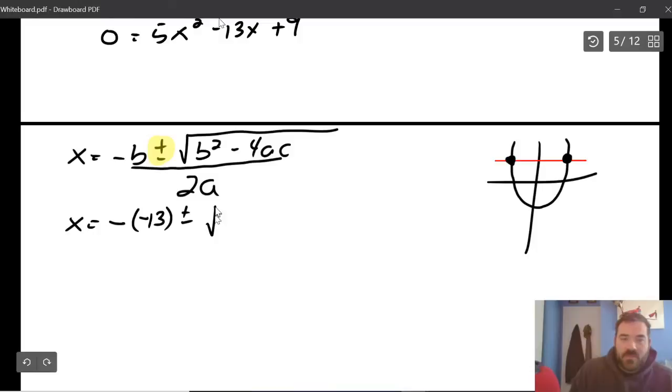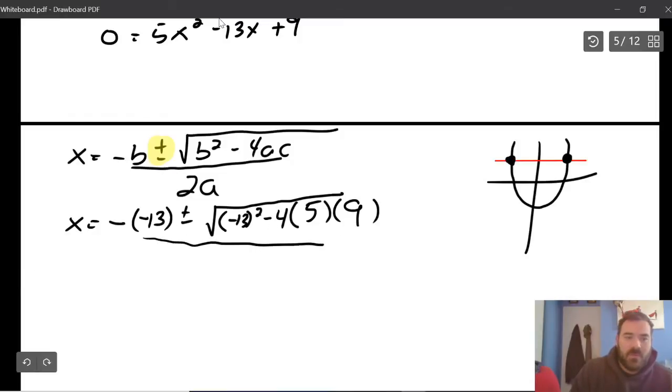Plus or minus the square root of b squared, so negative 13 squared. And I always like to substitute numbers in brackets because it helps to keep the signs contained and makes everything nice and clear. The a value is 5, the c value is 9, all over 2a, and the a value is 5.